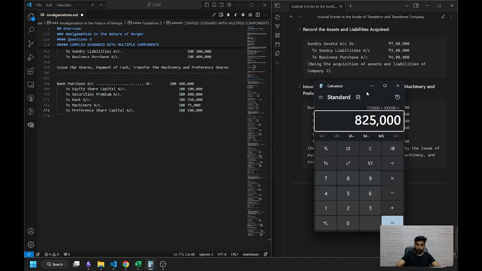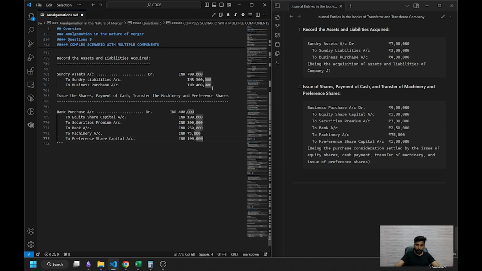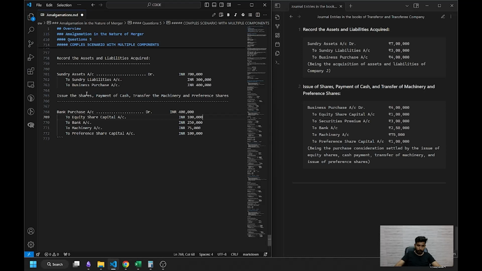That comes to 8,25,000. And we have the business purchase of rupees 4 lakhs. This is not possible. That means there is an issue in the question. Let us just check it again. We have the business purchase of rupees 4 lakhs.